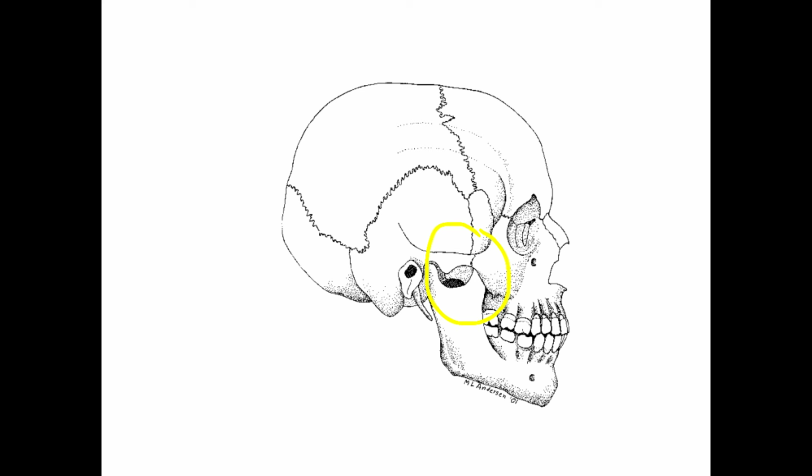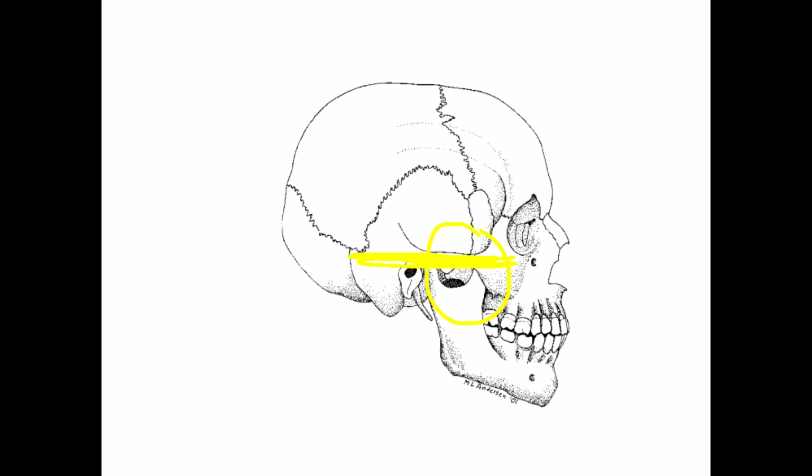We also said that this infratemporal fossa communicates with the temporal region via the zygomatic arch. This is the zygomatic arch over here, just above the infratemporal fossa.